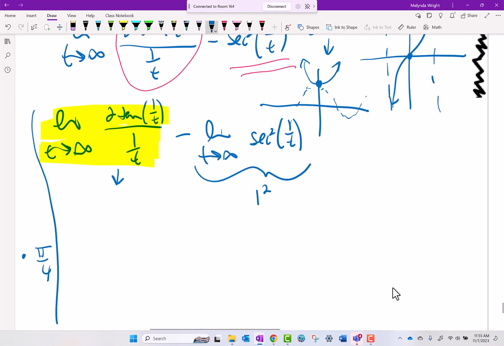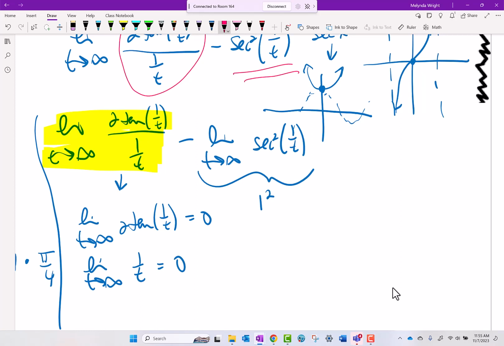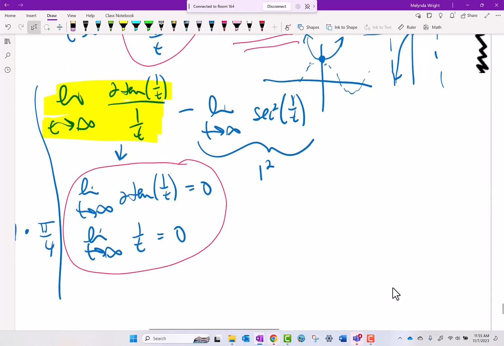Okay, so we're going to do L'Hopital. So the limit as t goes to infinity of 2 tangent of 1 over t goes to 0. The limit as t goes to infinity of 1 over t is 0. And if you recall, to use L'Hopital, you'll have to write this part. So that part is required.